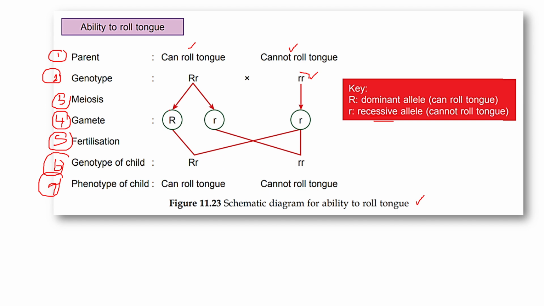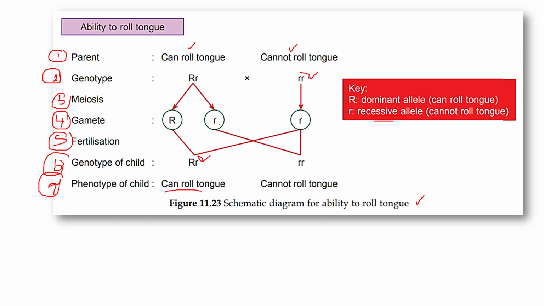If the dominant allele fertilizes with the recessive allele from the other spouse, this is the outcome: heterozygous, meaning the child can roll his or her tongue.